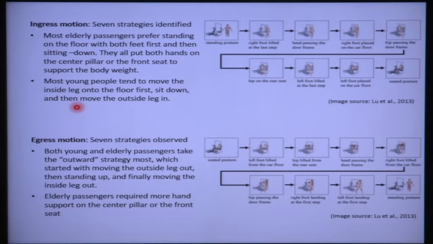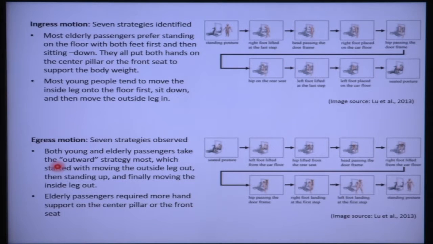They do not sit on the seat first. What they do? First they put one leg inside, then they sit down. After that they pull the other leg inside. So, there is a significant difference between the strategy followed by elderly people and young adult people.